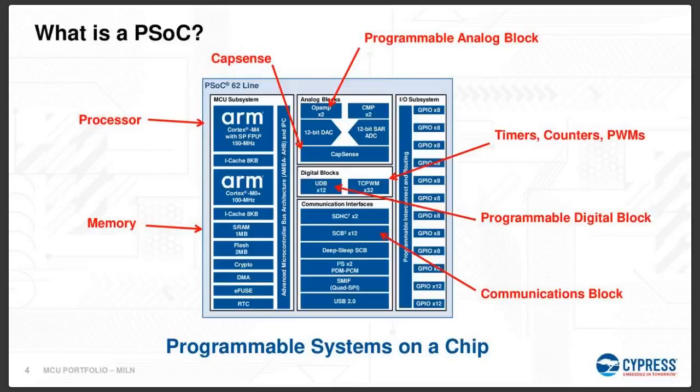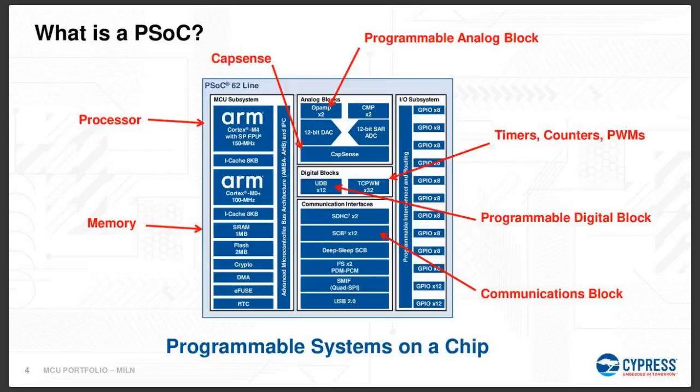Then we also have this other block here called a UDB, Universal Digital Block. The Universal Digital Block allows you to implement a lot of different digital functions. If you needed additional timers and counters and PWMs, you can implement them in the UDB. If you needed additional serial blocks, you can implement them in the UDB.